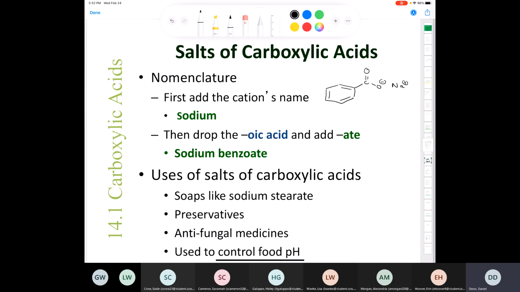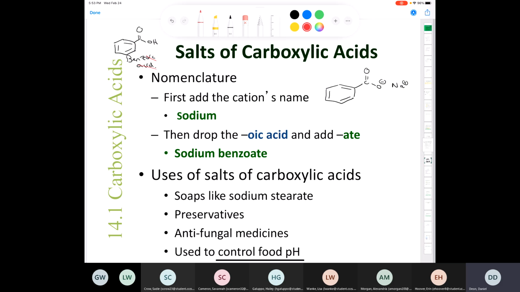Now, what's the rest of it going to be? If you look at this part here, the carboxylate, where did that come from? That came from this carboxylic acid. All I have to do is draw it out with the hydrogen, and this would be benzoic acid, right? It's one of the acids I asked you to memorize. So what you do is you drop the oic acid.